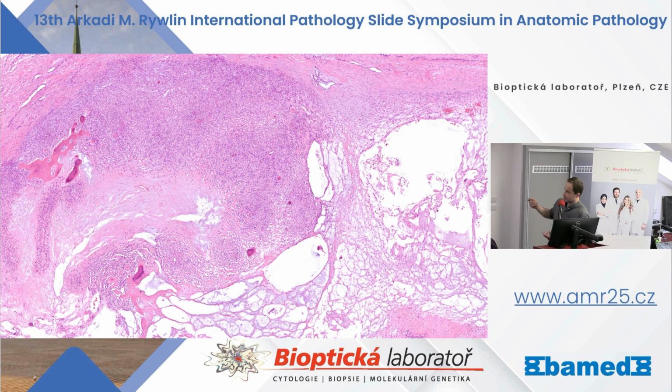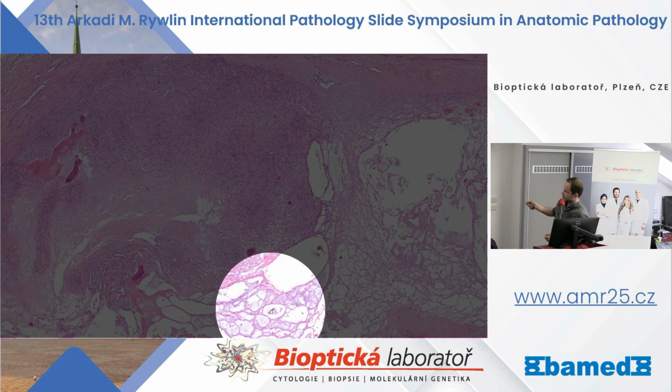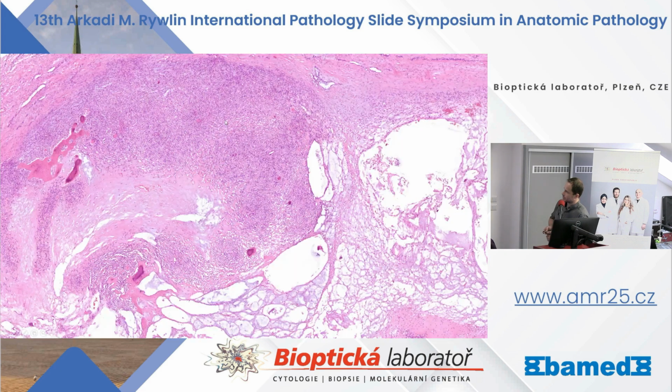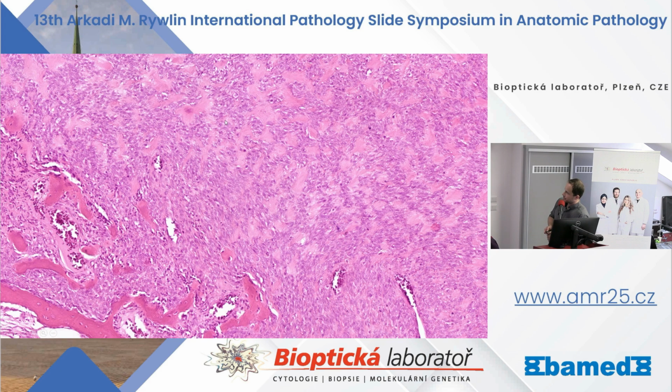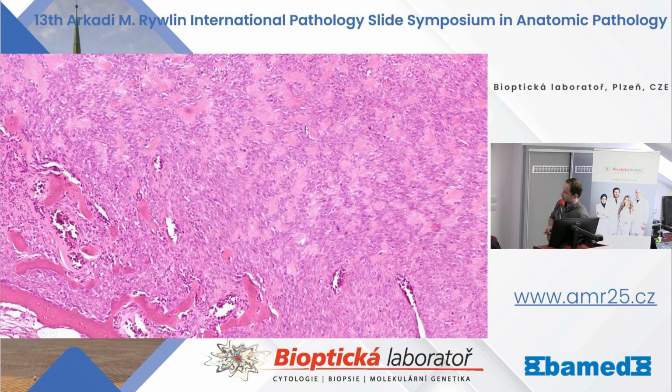I didn't make the picture, so I'm not always sure what the message was here, but I think this is supposed to illustrate myxoid stroma areas, which alternate with more solid and hyalinized stroma parts. Again here, bone production and hyalinized stroma areas, quite cellular parts as well.